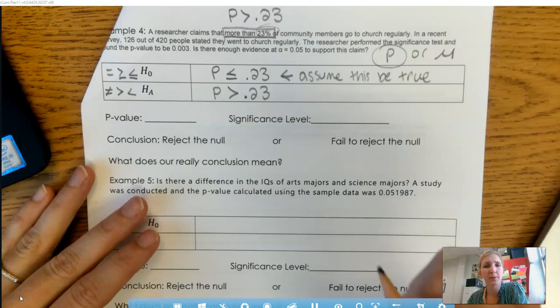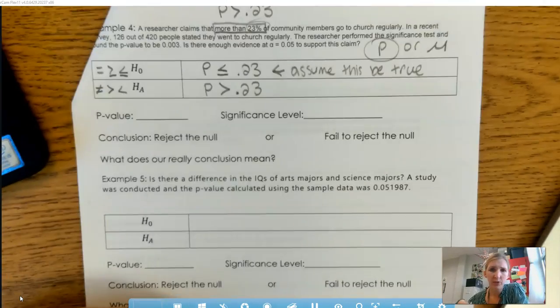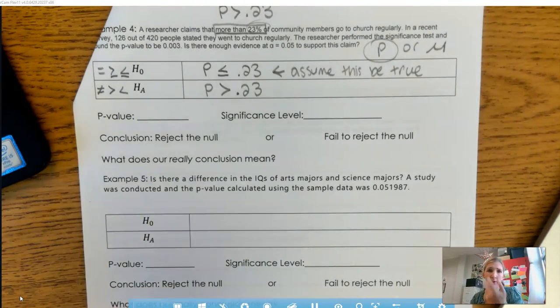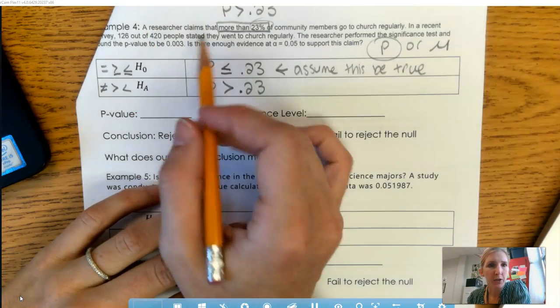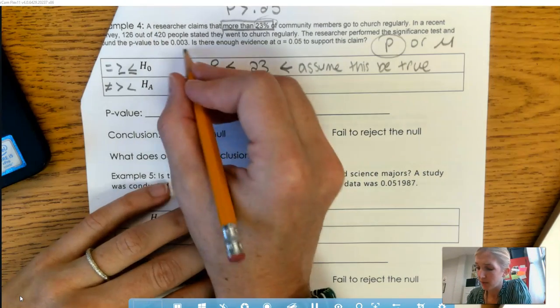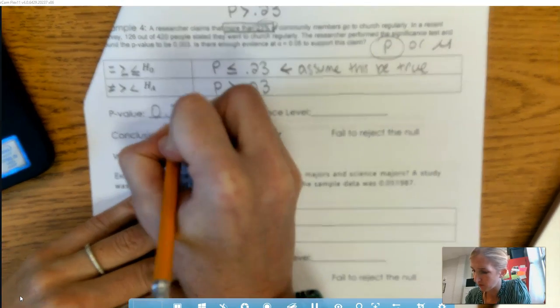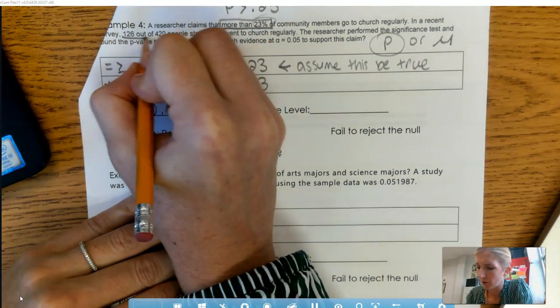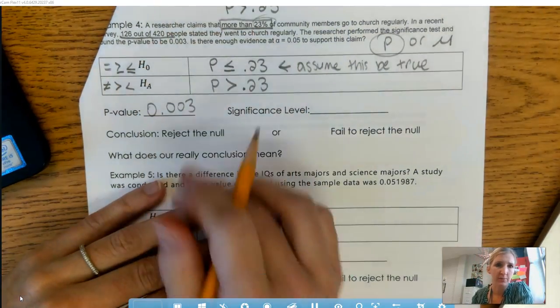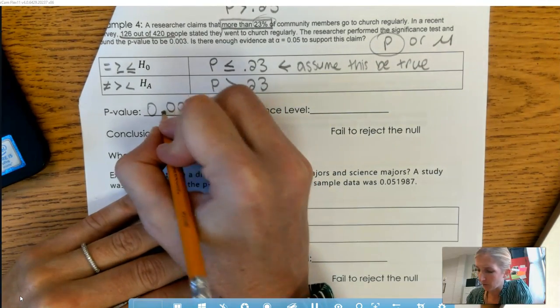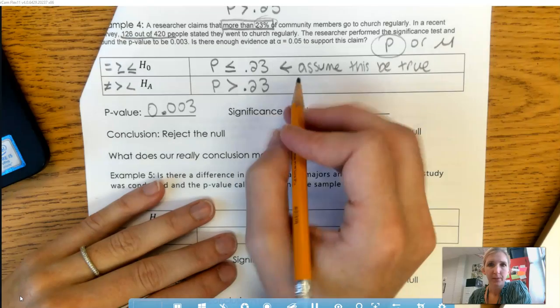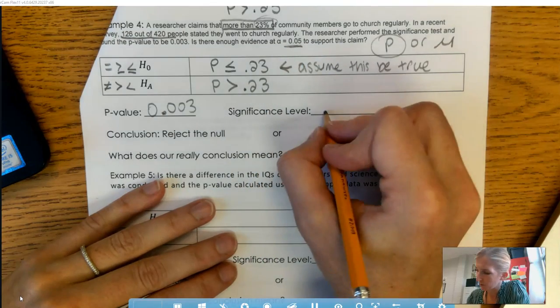We run all of our statistical analysis, which you'll find out how to do at a later date, and we get a p-value. So the p-value looks at the results based on their own study, right? So they did their study, and they created this p-value of 0.003. They said the significance level was 0.05.